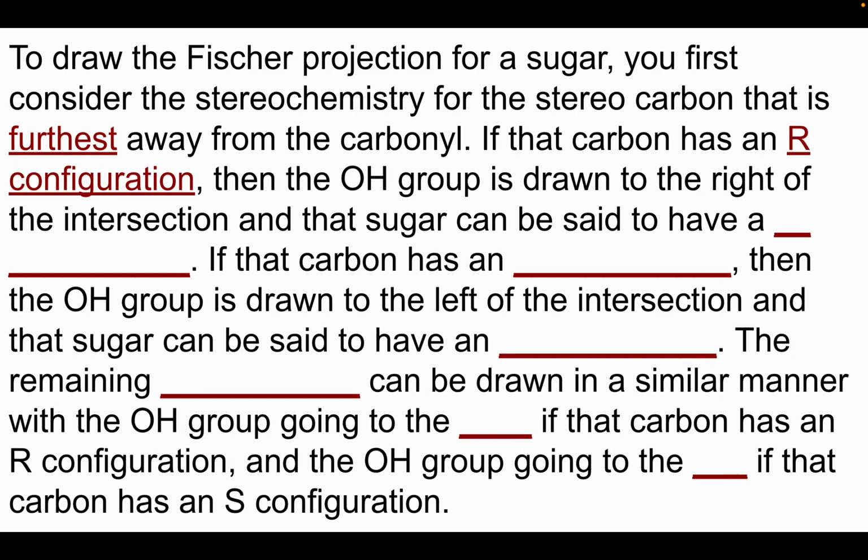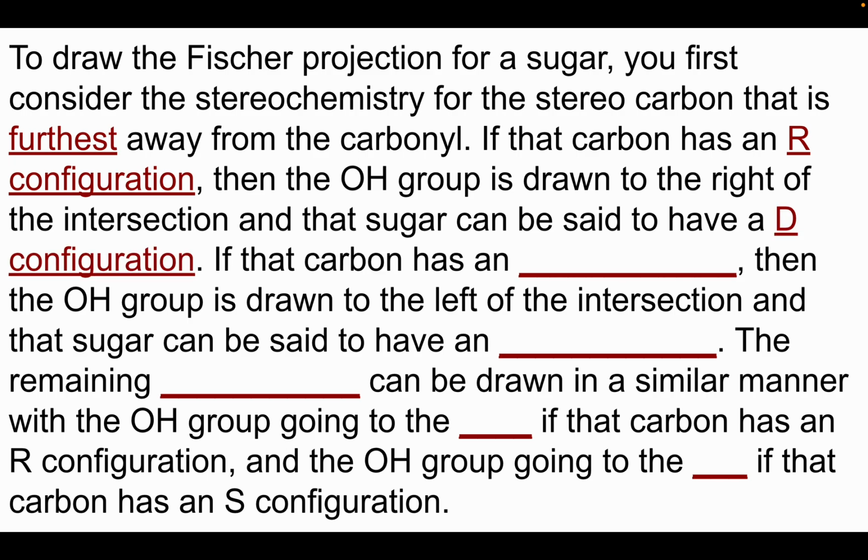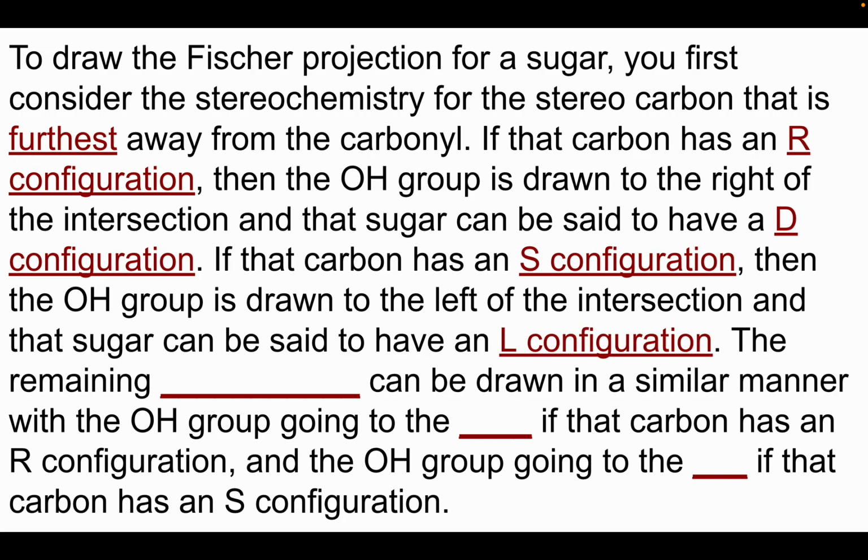If that carbon has an R configuration, then the OH group is drawn to the right of the intersection, and the sugar is said to have D configuration. If the carbon has an S configuration, then the OH group is drawn to the left of the intersection, and that sugar can be said to have an L configuration.